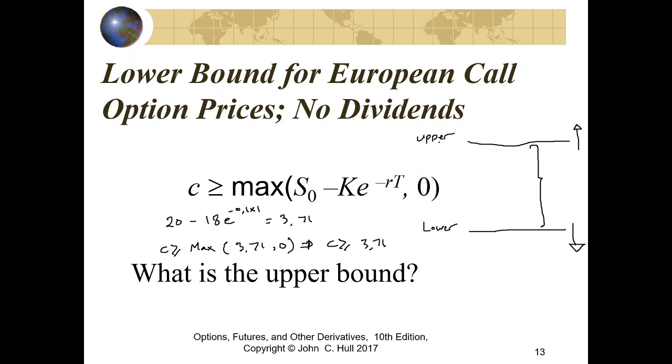Okay, how about the upper bound? What do you think will be the upper bound for a call option? Now, let's take this example. Let's assume we observe in the market that S is equal to 50, K is equal to 40, and the call option price is equal to 60.